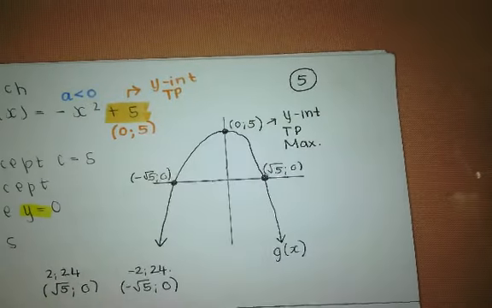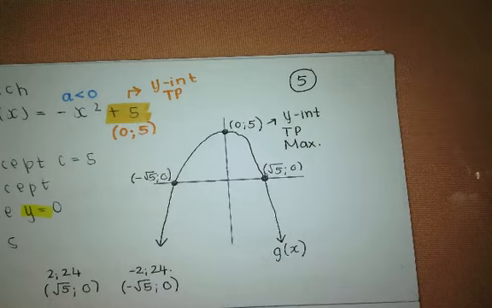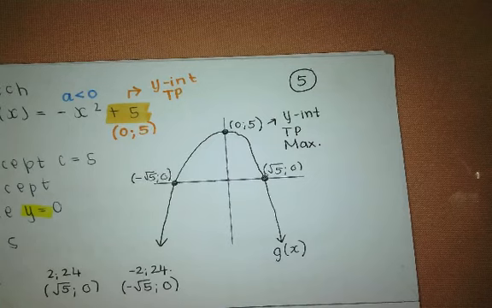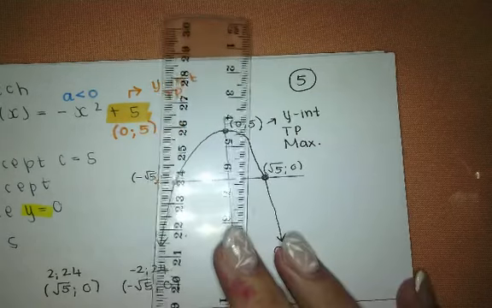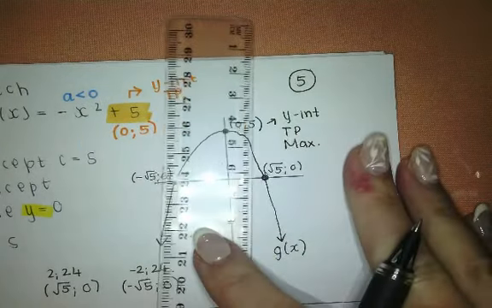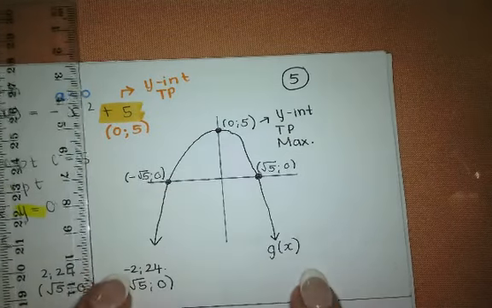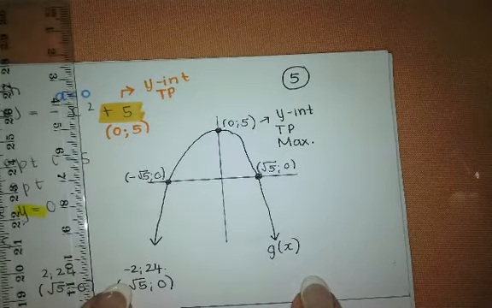Okay, when we're looking at the domain of a graph, we're looking at the x-axis. That's what we're looking at. Okay, so take your ruler and place it vertically on your x-axis. Now you're going to tell me, can you see that this graph continues this way up to infinity?